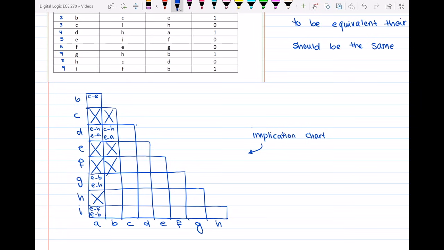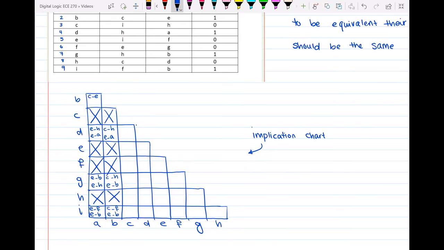So the next states are C and H, and E and B, sorry. C, H, E, and B. All right, now we will compare B with H. They have different outputs, so it will be crossed out here. And then B and I, they have the same output, so there might be some chance that these two states are equivalent. E and B.